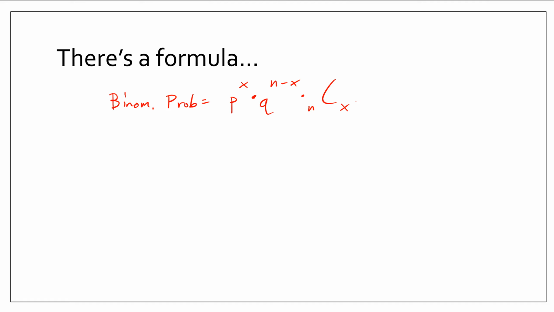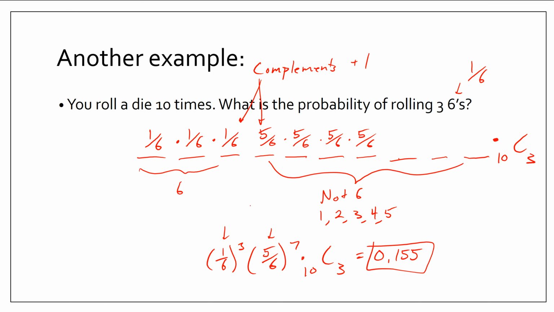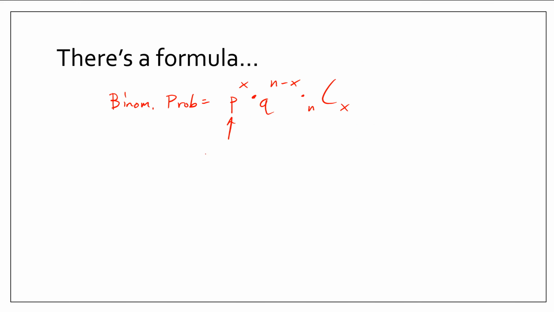Now, here's what all these variables mean. Let's look back at the last problem. P, that's the probability of doing what they want you to do. So I'm going to call P the probability of success.